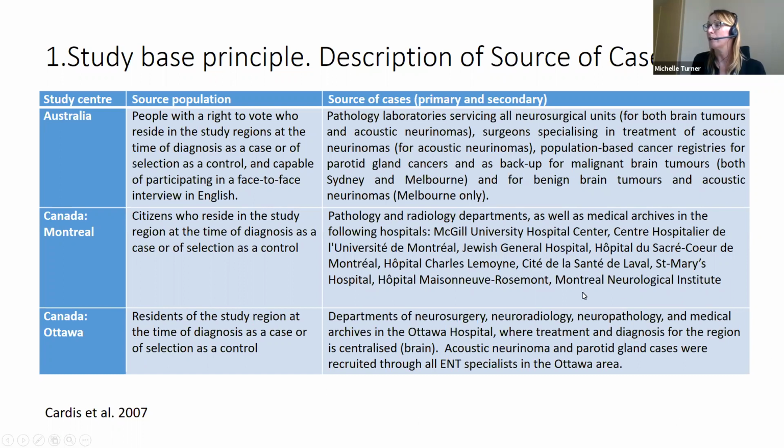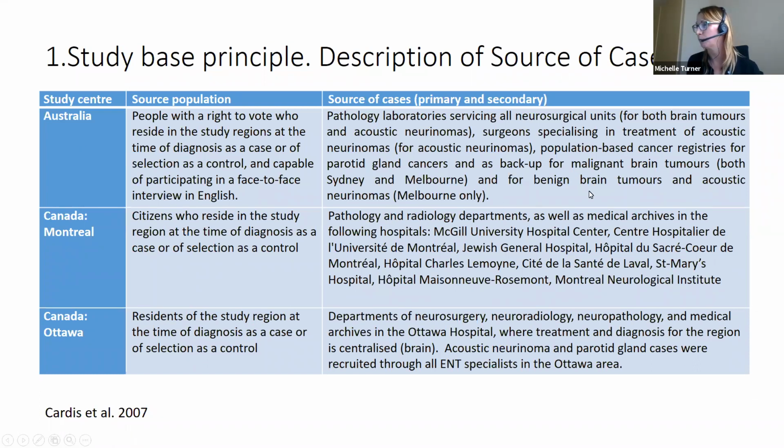To identify brain tumor cases in this study location, they had to go to many different sites, including different hospitals, where the treatment and diagnosis is centralized in different departments. And for the other less severe cases included in the study, they also had to go to different medical doctors' offices scattered throughout the city to make sure that they captured all of the cases of interest in the study. You can see fairly similar descriptions of the source population for these other study sites.